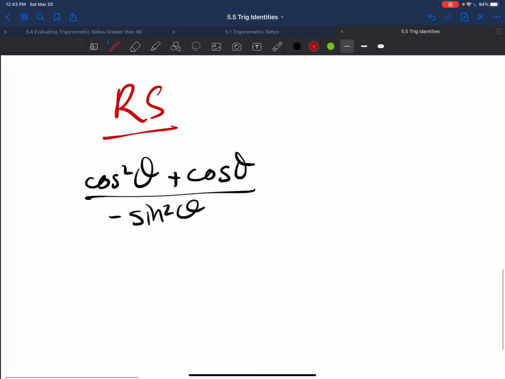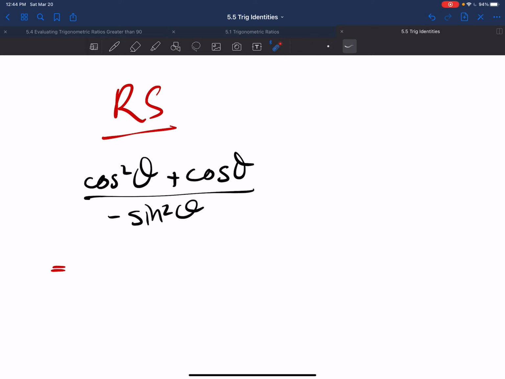So let's see what I can do here. I have cos squared theta plus cos theta on the top. So again, I can't do anything with this. This is just the way it is. I could change this to 1 minus sine, but that doesn't really help me. But I have a GCF there. So let me take that out and see what happens.